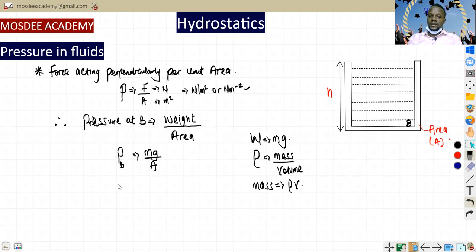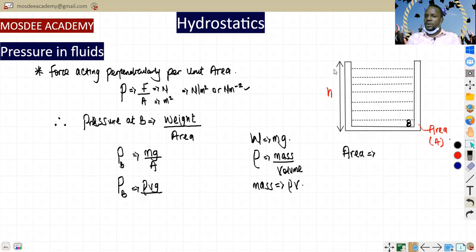So directly I can say that the pressure at B, acting through the whole weight of the container, will now be equal to the mass, which I substitute as rho V, times g, divided by the area. Also recall that area is always length times breadth.